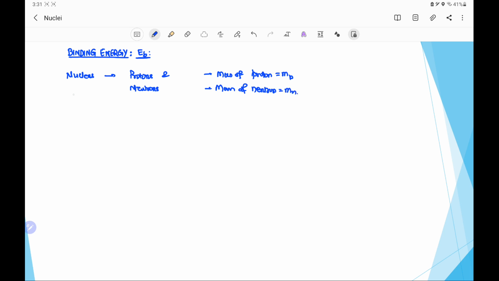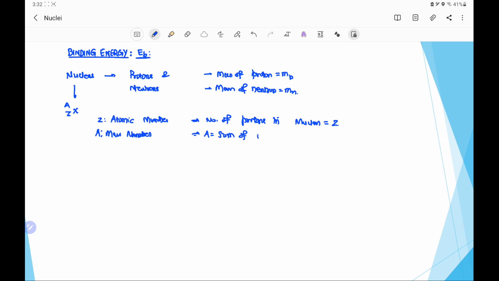mn, and nucleus is represented by Z, X, A, where Z represents the atomic number. It means number of protons in the nucleus are equal to Z, and A is the mass number, and we know that mass number A is the sum of number of protons and number of neutrons.